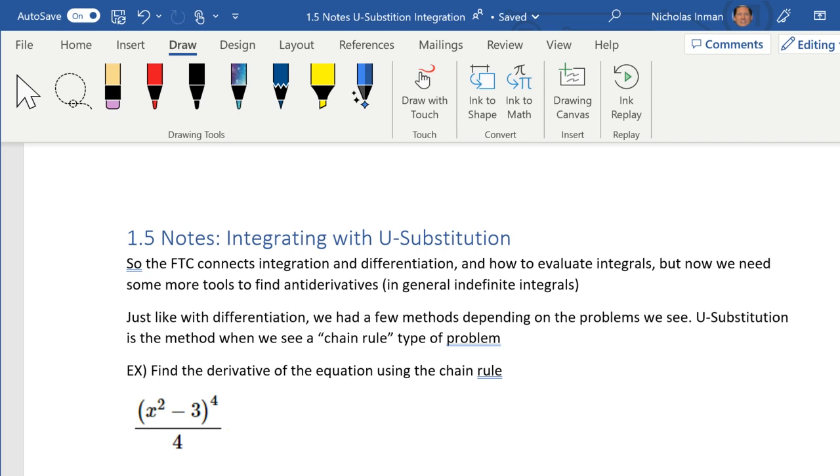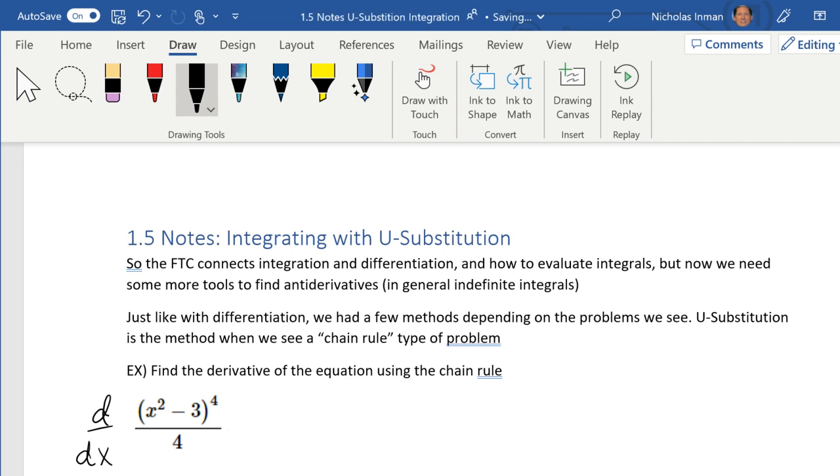All right, so if we were going to try to find the derivative with respect to x of this type of a function, well, when we have functions inside of functions, this was the perfect chance to use the chain rule. We would use the power rule, bring that exponent down to a 3, and then divide by 4.